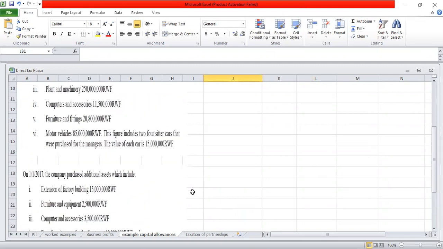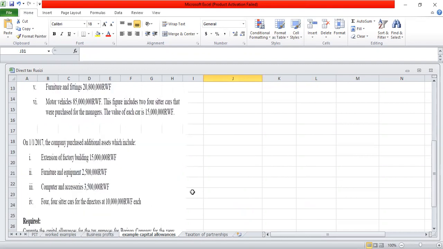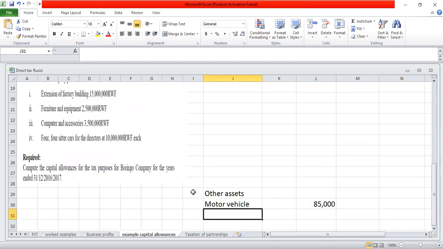And we said for a motor vehicle to be allowed, it should be for 9 passengers. So we have the 2 4-seater cars at 15 million each, which is 30 here.